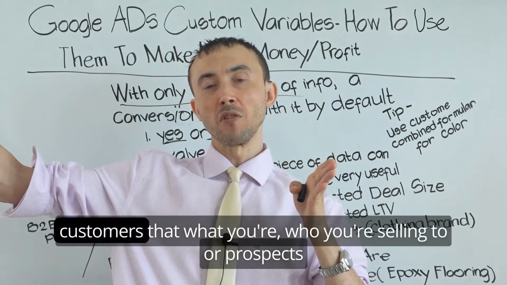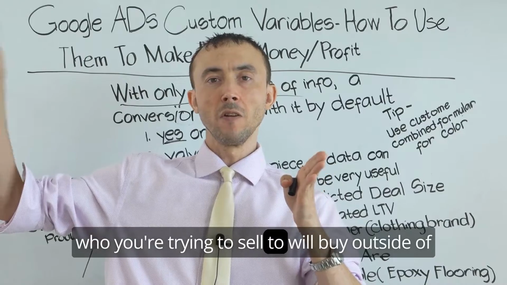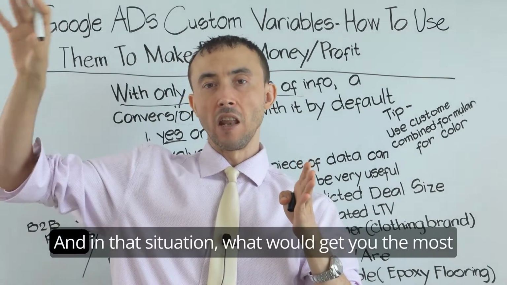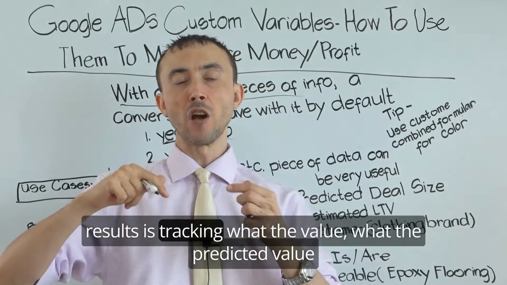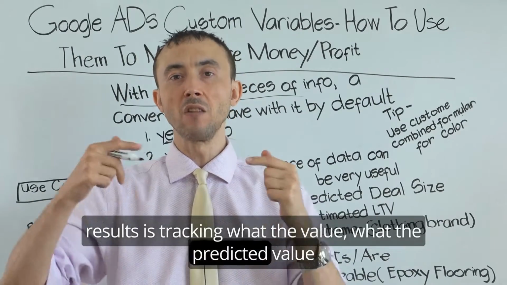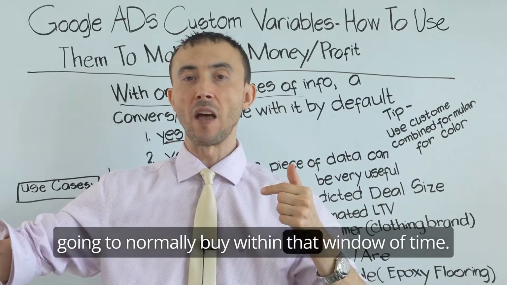Often those prospects you're trying to sell to will buy outside of that trackable 90-day window. And in that situation, what would get you the most results is tracking the predicted value of a lead, given they're not going to normally buy within that window of time.